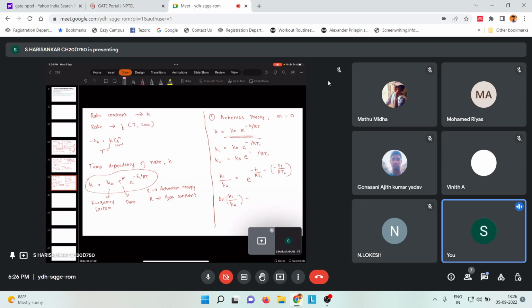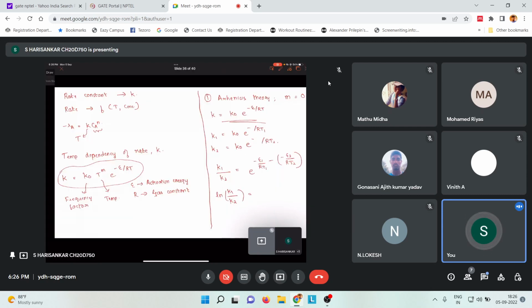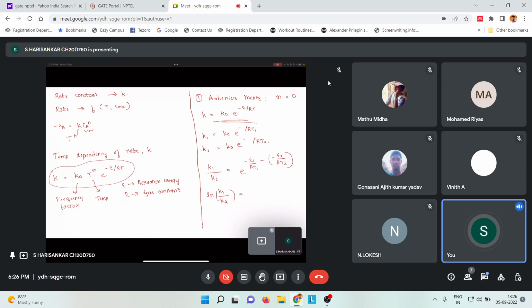I said k1 and k2 are for two different reactions, but no. k1 and k2 are the rate constants for the same reaction, let's say A to B, happening at two different temperatures, T1 and T2. That was a mistake on my part.